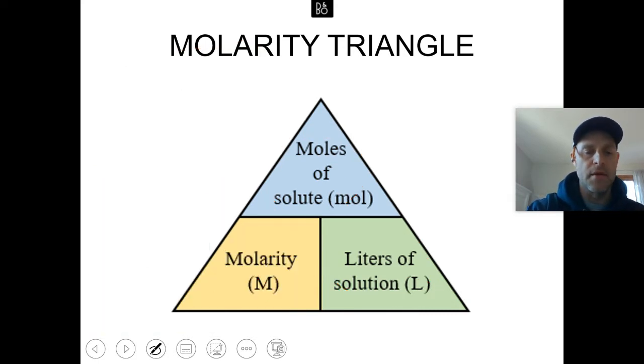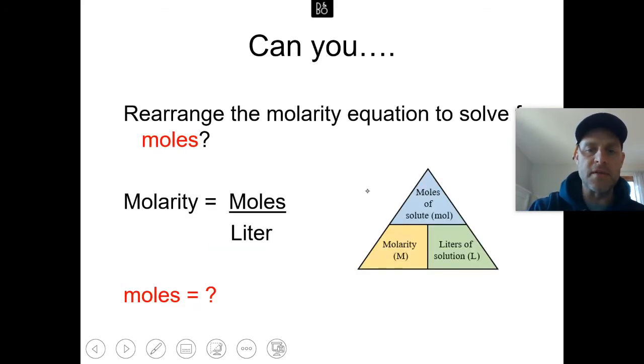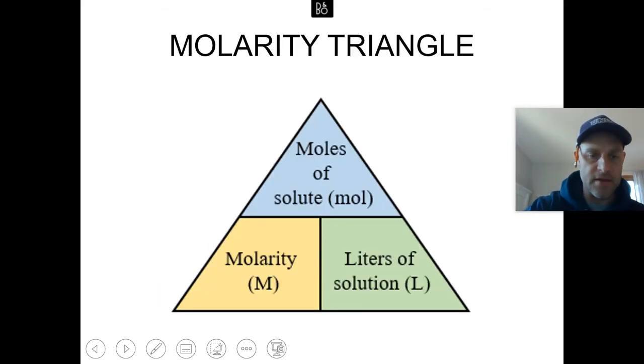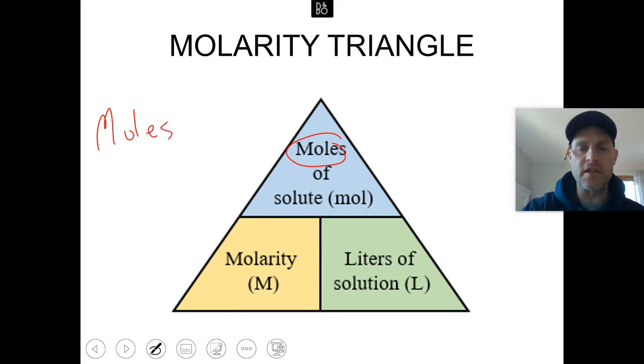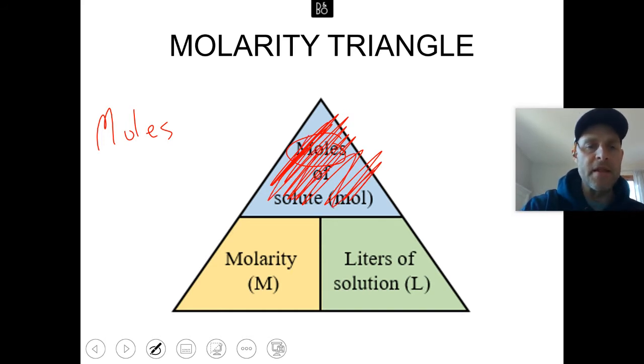Now, what happens if I want to solve for moles? Sorry about that, guys. If I want to solve for moles, I can still use this triangle. I'm just going to cover up what I'm solving for, which is moles. And then what do I have left?